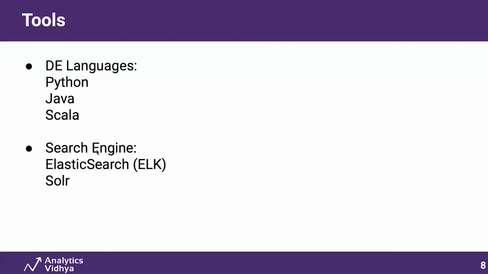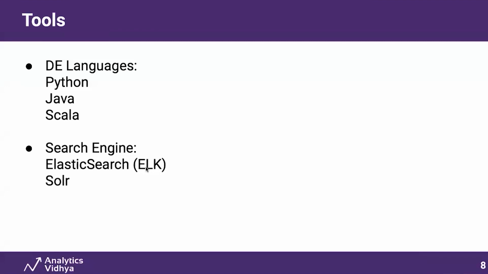Okay. Search engines, Elasticsearch and Solr. These two are the most popular search engines being used in this industry. I've written this ELK. ELK stands for Elasticsearch, Logstash, and Kibana. I'll tell you what these are. It's a stack, a complete stack, as it's known. Elasticsearch, again, is your search engine.